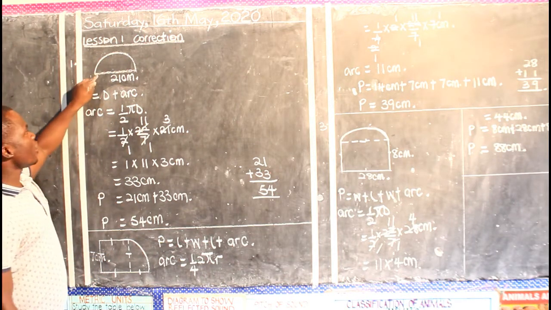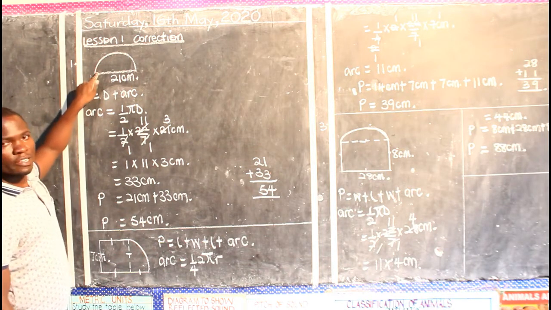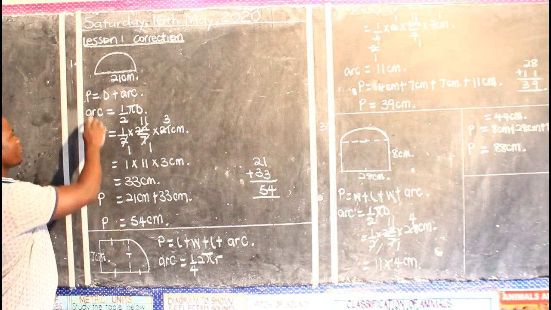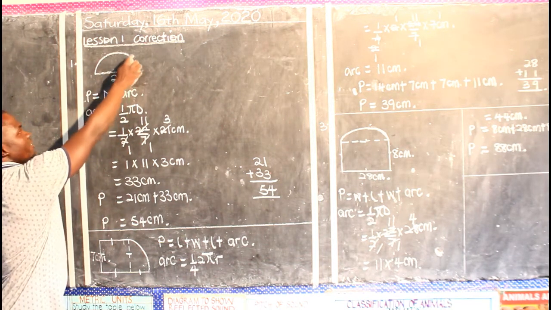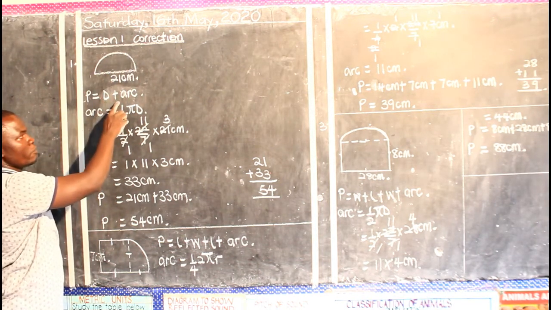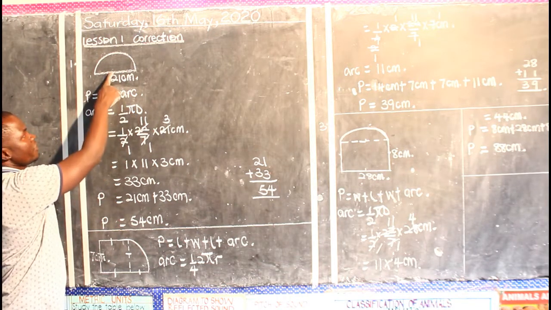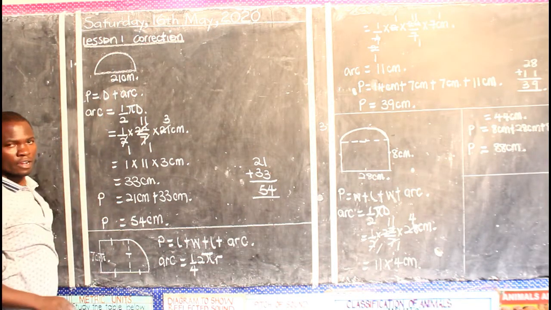A semicircle has got the diameter and the arc. That is why we say perimeter equals diameter plus arc. This is the diameter and this is the arc.